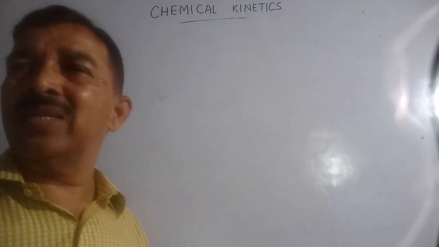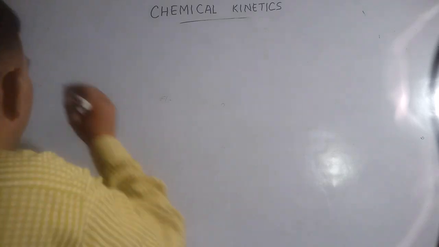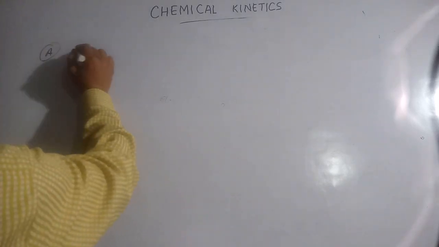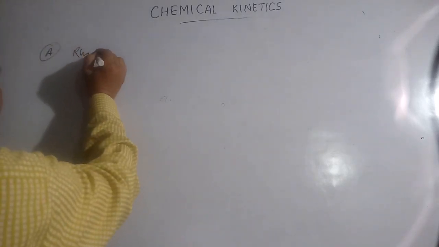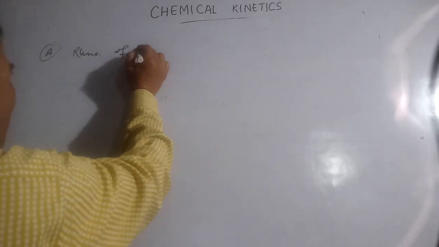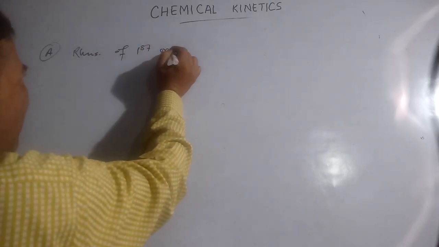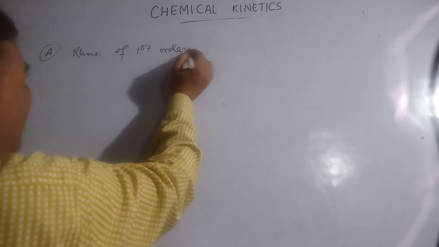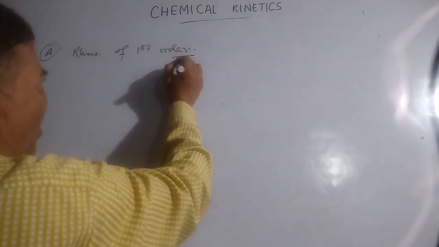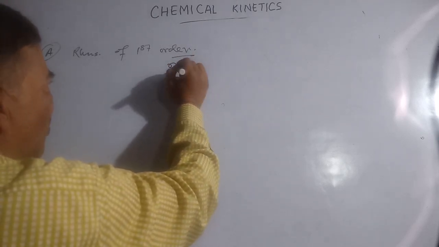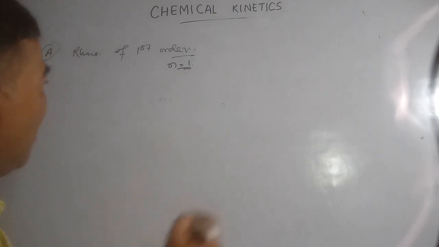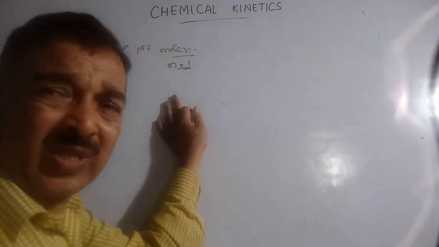Examples of reactions of first order, that is, the value of n is equal to 1. Let me explain this one first.